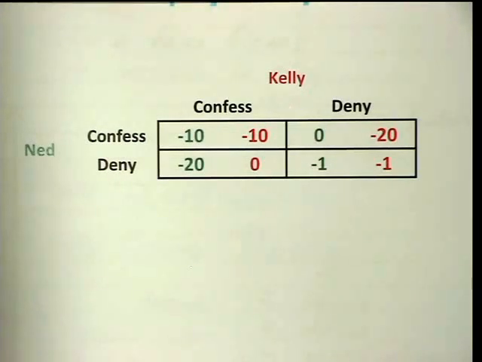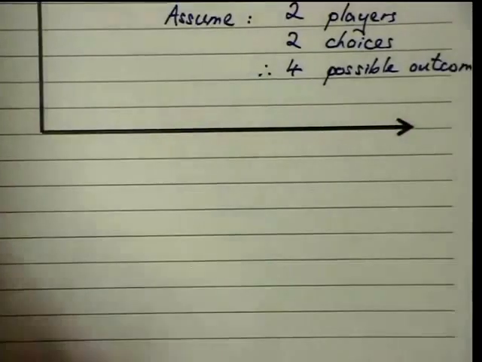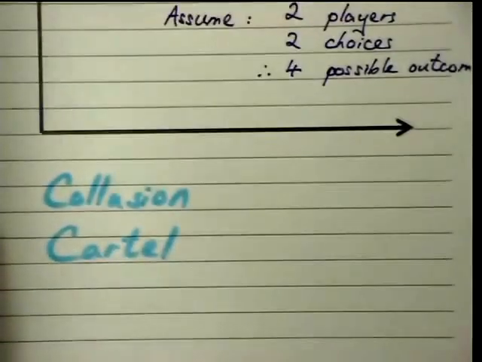So, the two have been separated. That's to model the fact that in the real world, it's illegal for firms to communicate with each other. Collusion, or forming a cartel. Collusion, or cartel activity. These are all illegal.